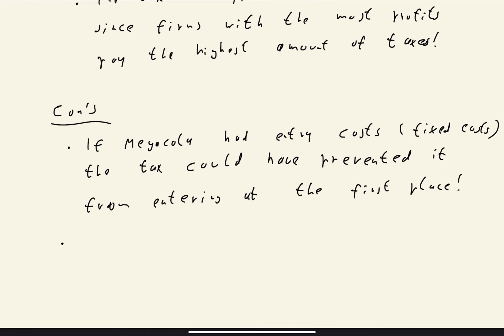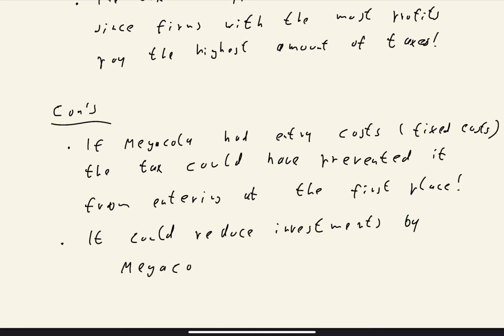In addition, the second one, which is maybe a little bit related, is that it could prevent or could reduce investments by Mega Cola. Okay, so this is also an issue because investments could be, for instance, investments to be more efficient, so reducing the costs, or investments could also be related to innovation of the products which are sold, which could also be welfare improving or enhancing.